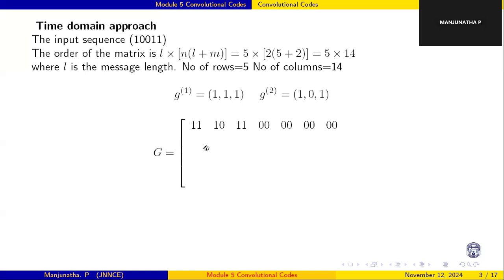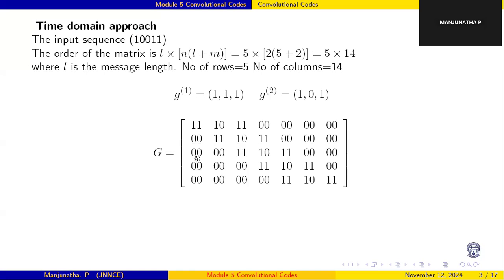Coming to the second row, shift it right by two places, and the rest is filled with zeros. Similarly for the third, fourth, and fifth rows.